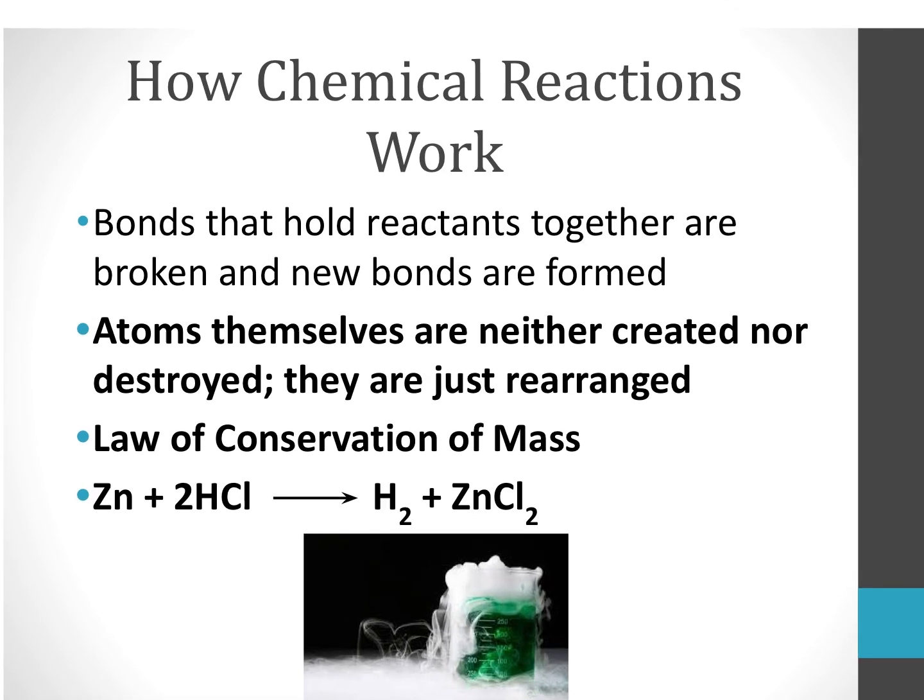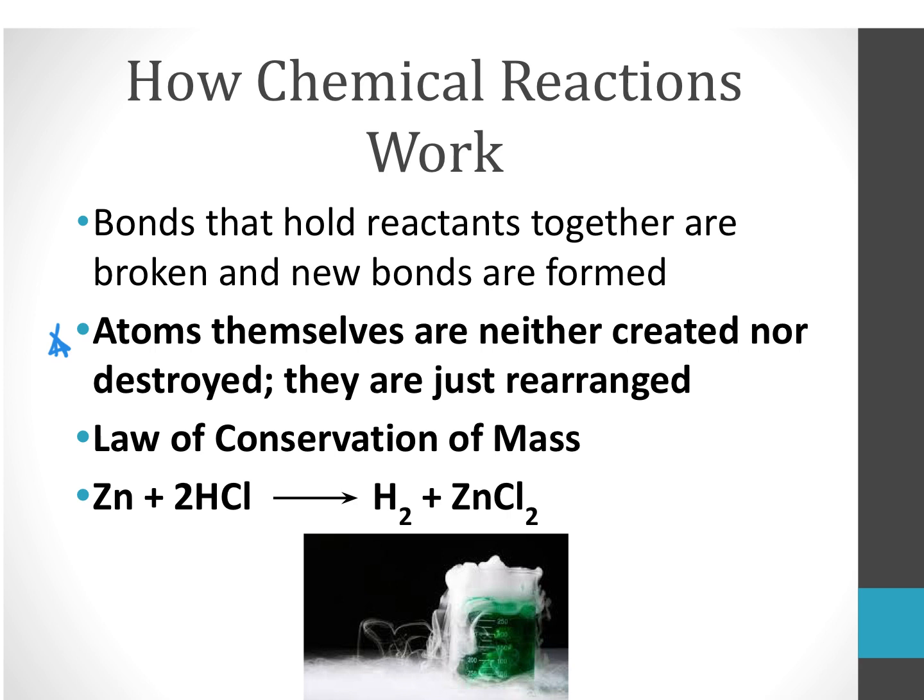Okay, so let's look at how chemical reactions actually work. The bonds that hold those reactants together are broken, and then those atoms rearrange to make a new product, and new bonds are formed. A really big key idea is that during chemical reactions, atoms themselves are neither created nor destroyed.